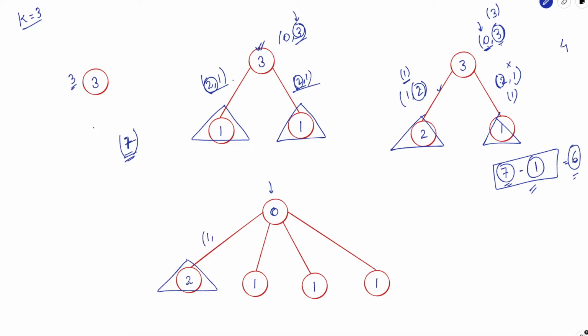Similarly, if you take this node, the value will become 2, 1. If you take this node, the value would be 2. Don't take this node, the value will be 1. Take this node, the value is 2. If you don't take, the value is 1. If you apply the operation here, the value would become 3. If you don't apply, the value will become 0. So let's take the best possible choice again: 2, 2, 2, 2 and 3. So in total you can have 11 as the sum.